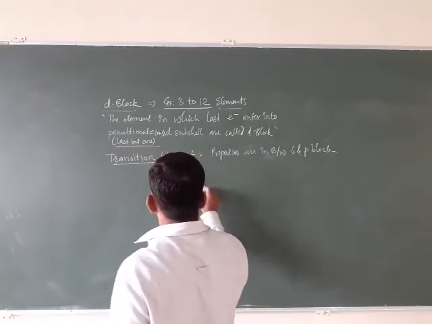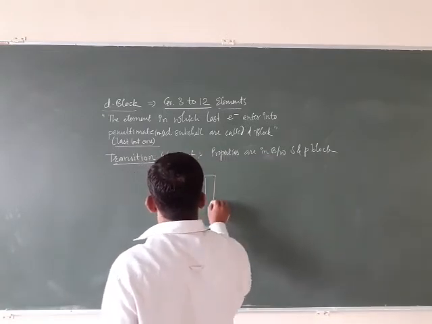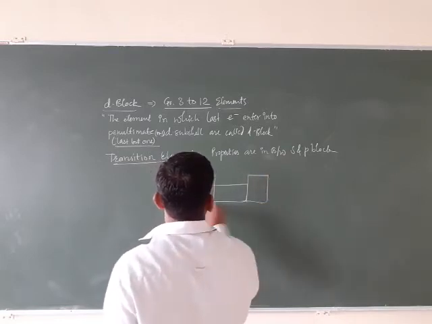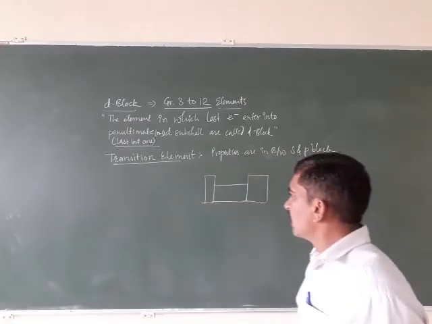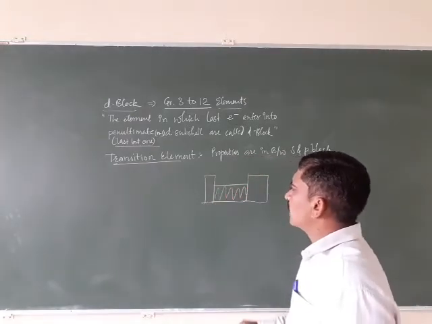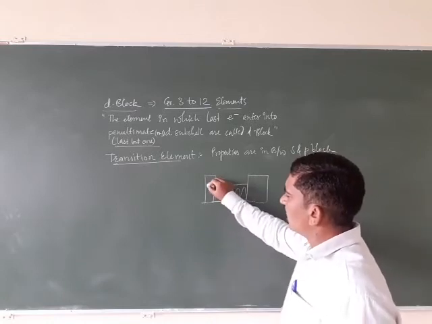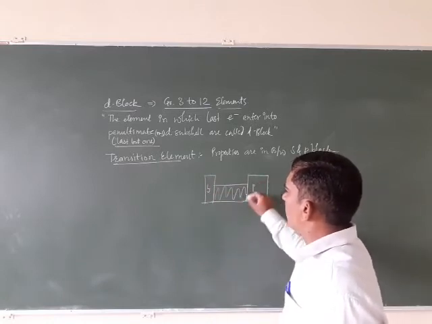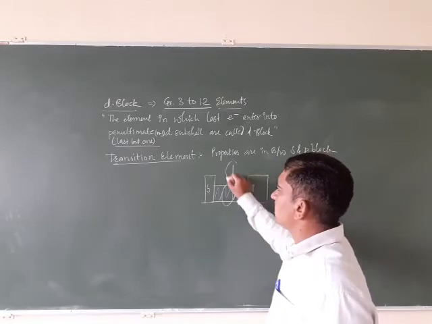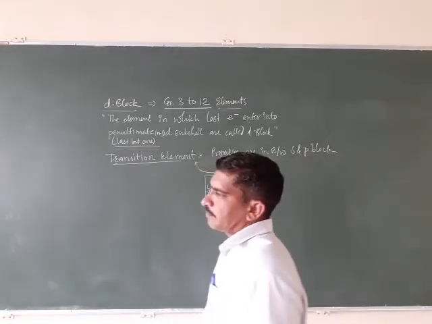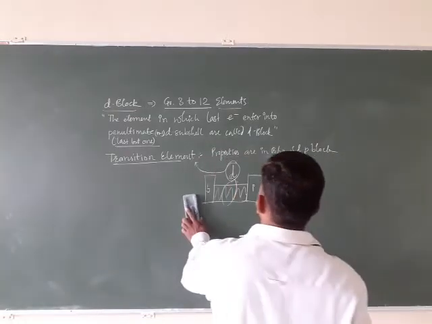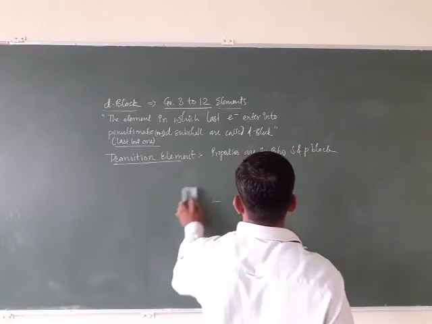Transition means bridging. If you observe the structure of the periodic table, this is the bridge joining the s and p blocks, and this bridge is called the d block, or transition elements.